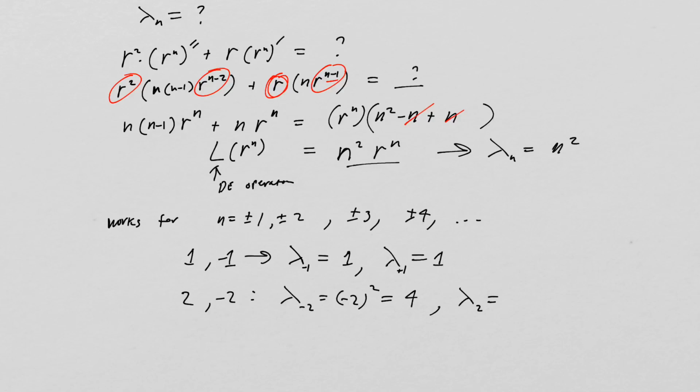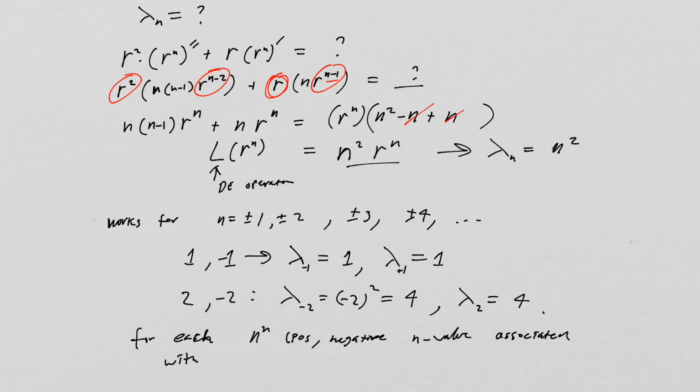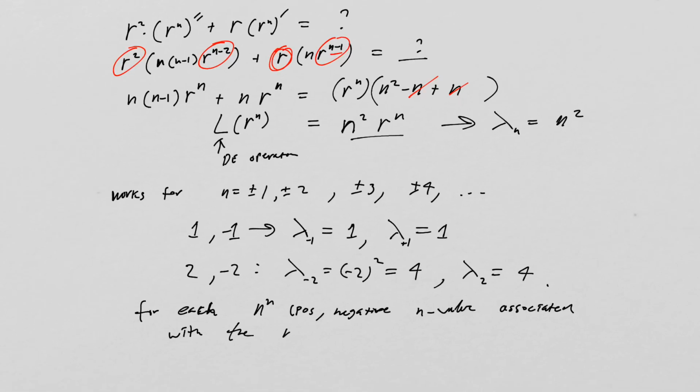Likewise, lambda of 2 is going to be equal to 4 as well. All right, so for each n squared, there's a positive and negative n value associated with the n squared eigenvalue.